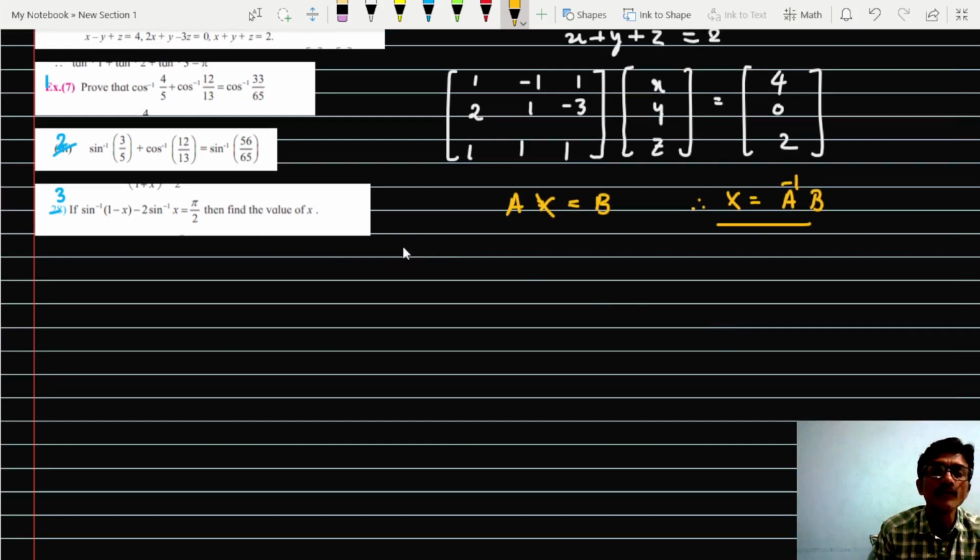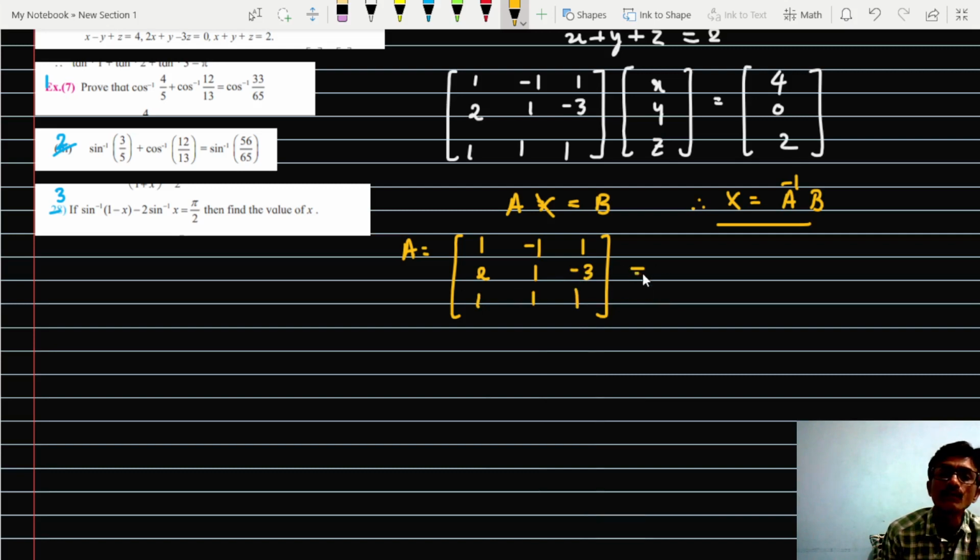First of all you find the determinant of A matrix. This is the A matrix: 1 minus 1 1, 2 1 minus 3 and 1 1 1. Expand it. 1 into 1 plus 3, that is 4.